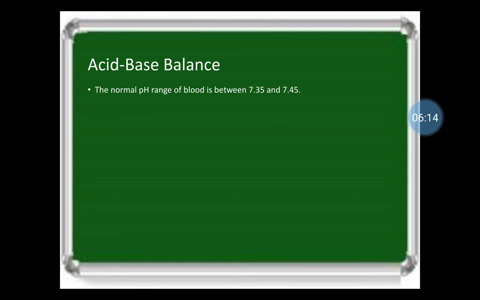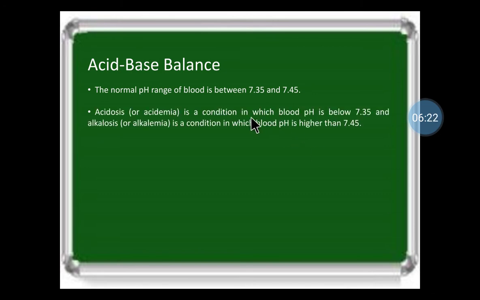The normal pH range of the blood is between 7.35 and 7.45. A condition in which the blood pH is below 7.35 is called acidosis or acidemia. Acidosis causes depression and CNS disorientation. In some cases, the patient may die due to acidosis.